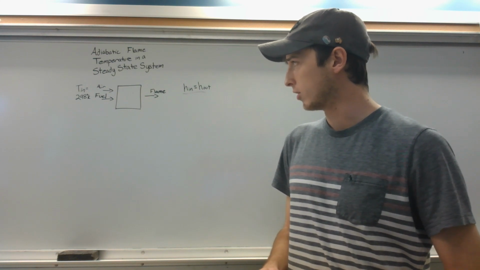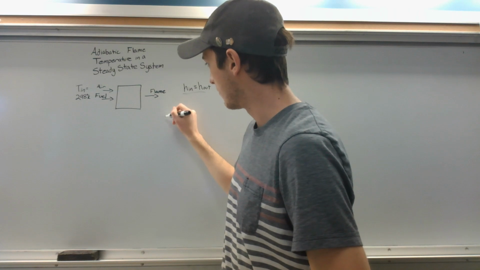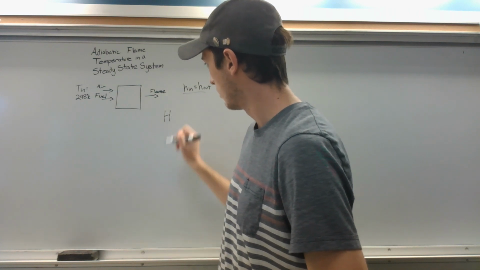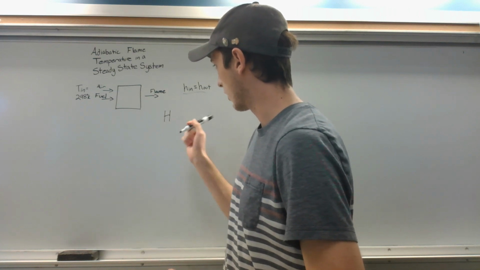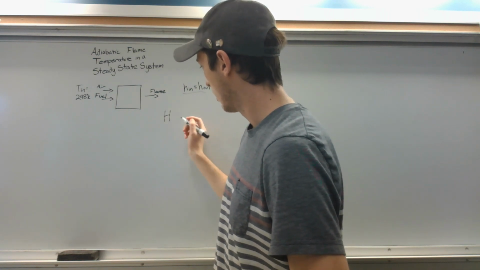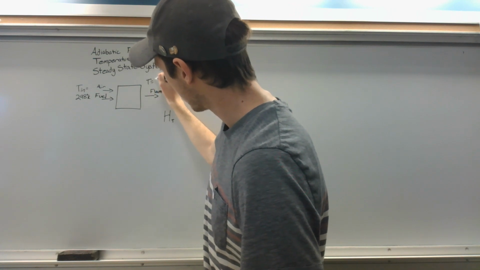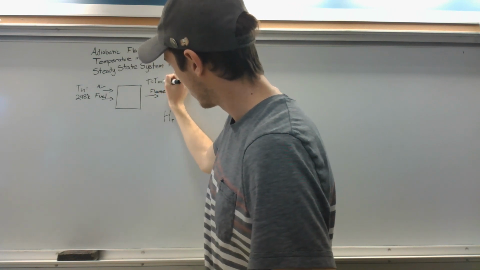So we're going to set this up and write it as the heat of formation, taking into account this formula, the heat of formation at the temperature out. Let's call that T, and we'll write up here, T equals T out.